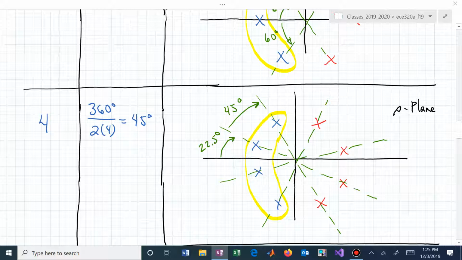What's special about these locations? Why are we interested in a Butterworth pole pattern? Pardon? The break frequency is maintained at omega equal to 1. They produce a maximally flat magnitude response in the passband.